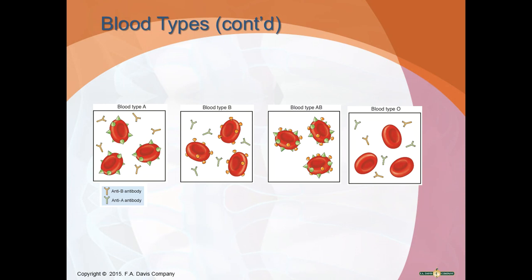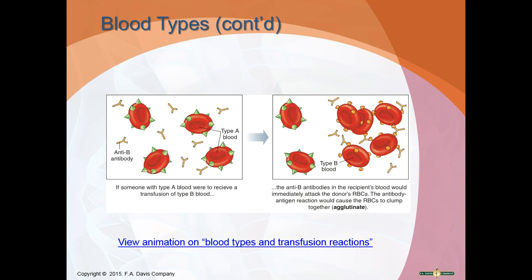Okay, so blood cells continued. If someone with type A blood were to receive a transfusion of type B blood, the anti-B antibodies in the recipient's blood would immediately attack the donor's red blood cells.